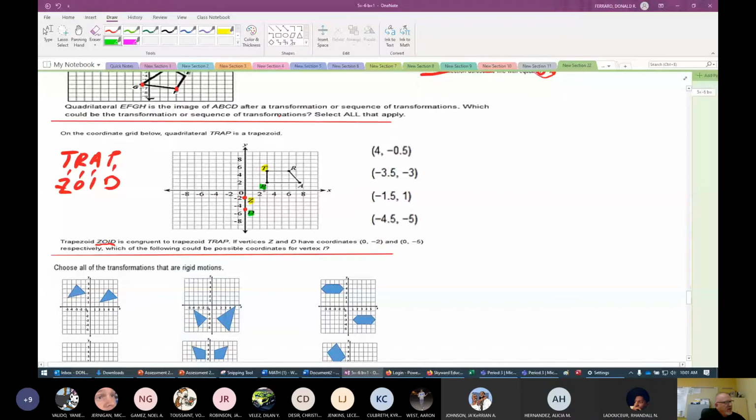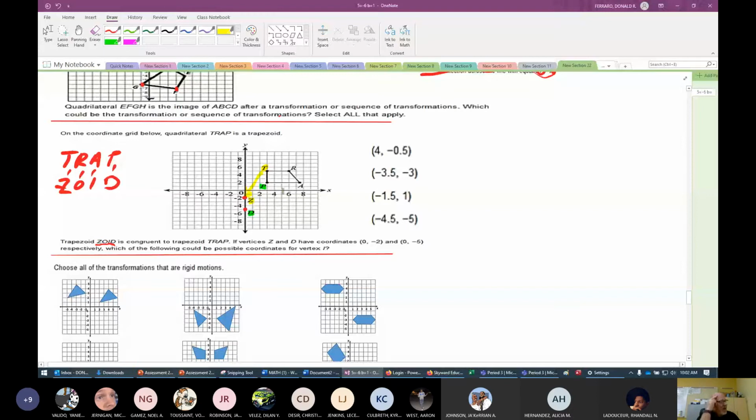To me, it looks like simply a translation, but it could have been multiple moves. And I'm going to tell you that it had to have been multiple moves, because if all I did was translate T to Z, we would have been left 3 and down 7.